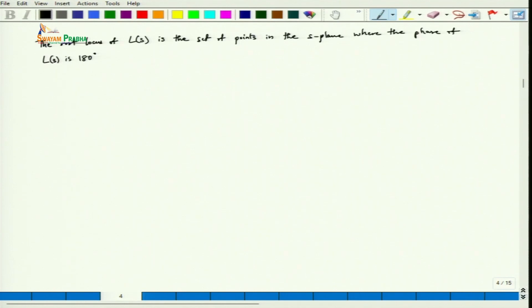So what do we mean by that? So let us consider L of S, which is basically B of S divided by A of S, right? And as we had seen earlier, we can express this as S minus Z1, S minus Z2 into S minus Zm. Similarly, in the denominator, we have S minus P1, S minus P2 and so on till S minus Pn.